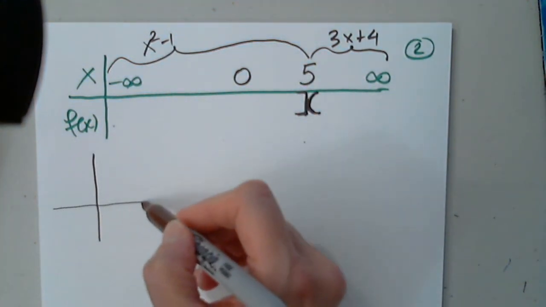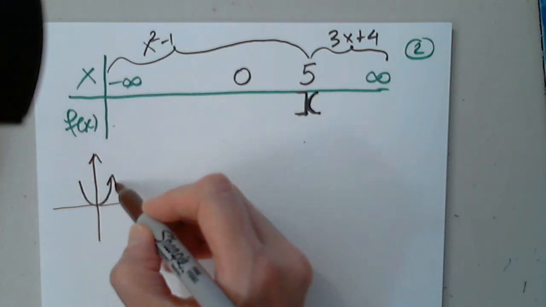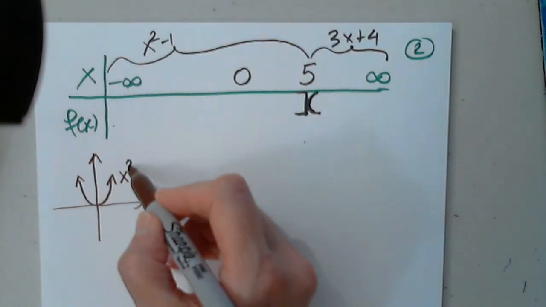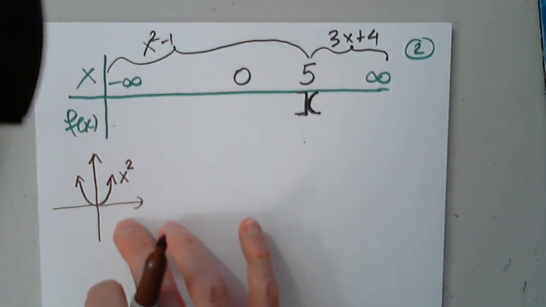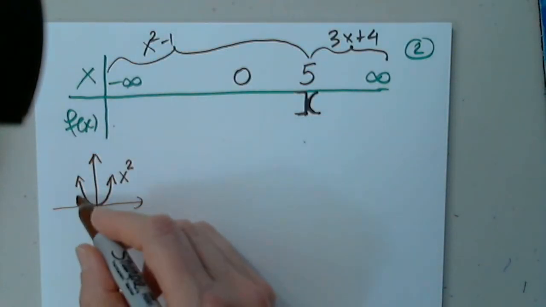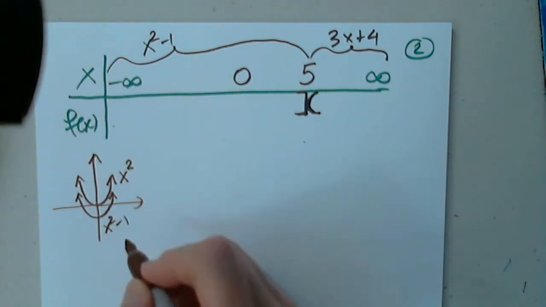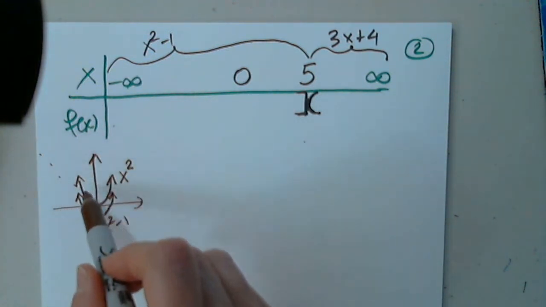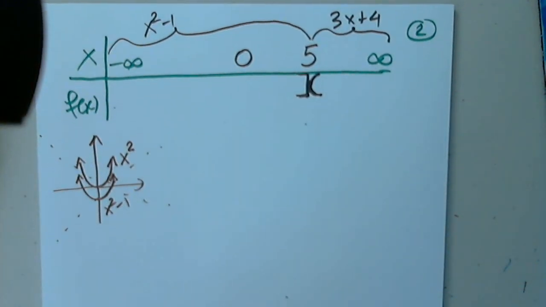So remember, x squared is something like this. This is the x squared. From transformations or from basic functions, we should know this. And minus 1 pulls the graph down 1. So this will be x squared minus 1. We do not care. This was just a quick review.